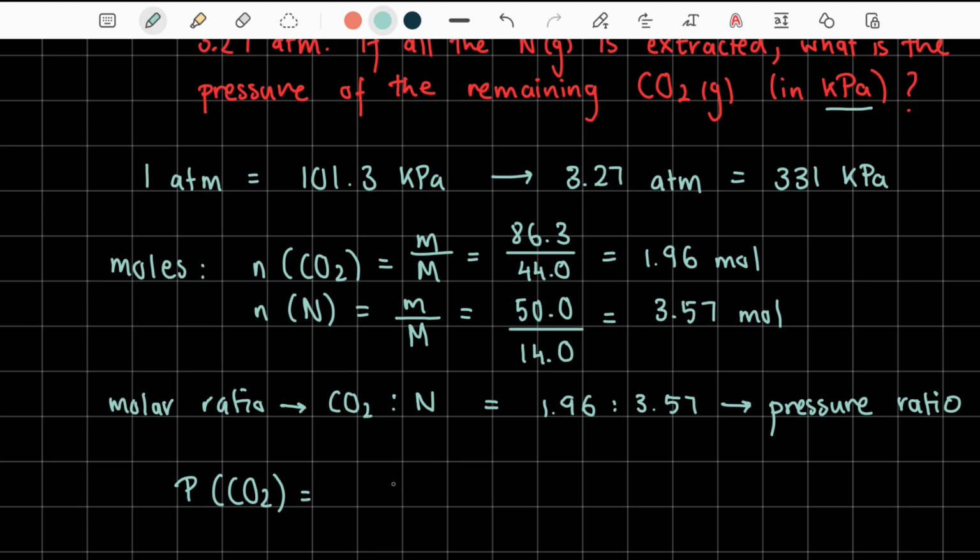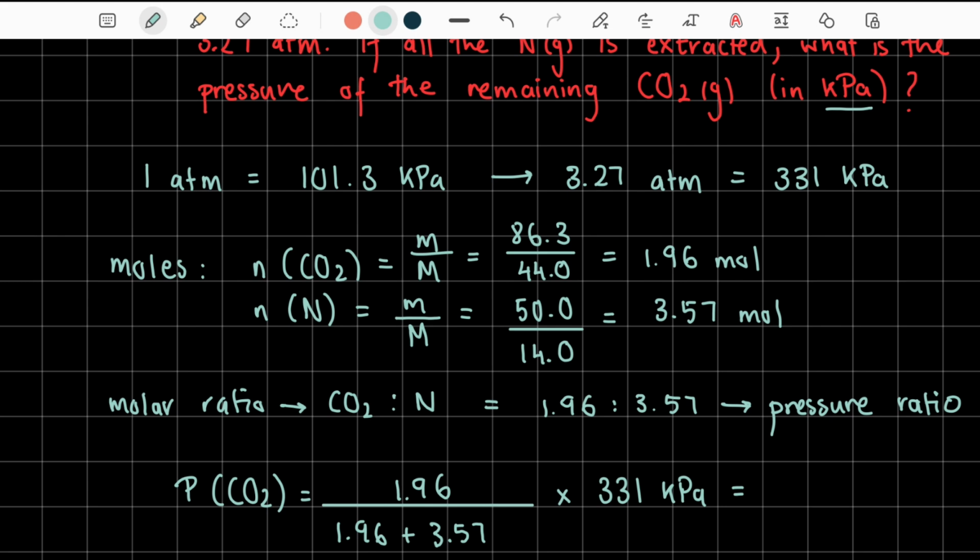So the fractional amount is going to be the number of moles of CO2, which was 1.96, divided by the total number of moles, which is 1.96 plus 3.57, multiplied by the total pressure, which was 331 kilopascals.